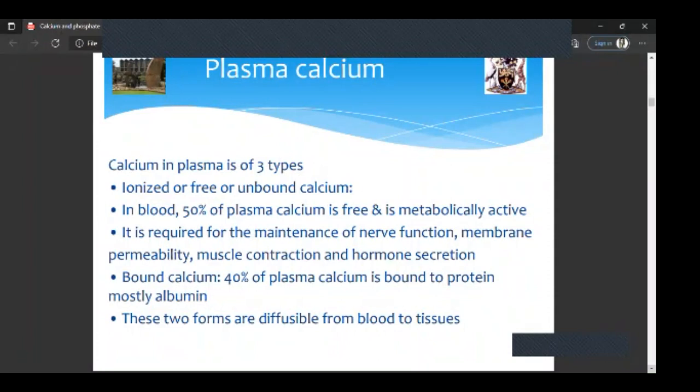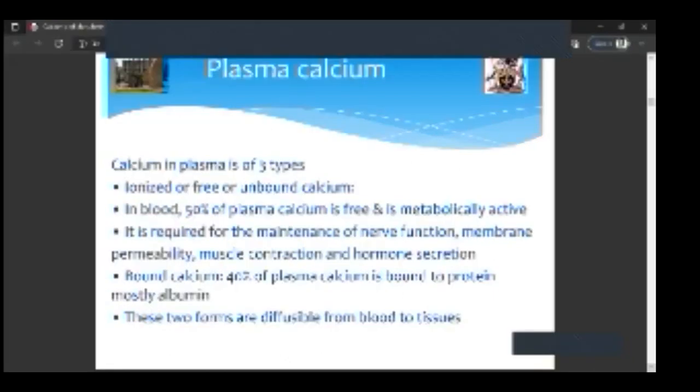And this is why when you're requesting a plasma calcium for a patient in the clinic or in the hospital, you should always request an albumin level, because you have to adjust for albumin levels, especially if the calcium is too high or too low.